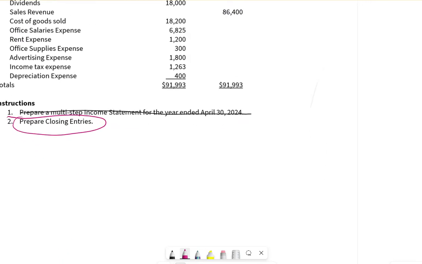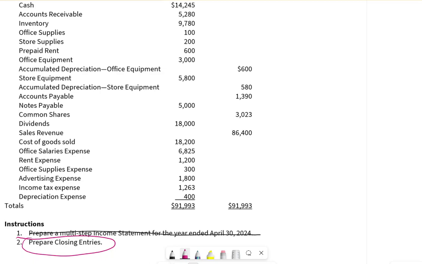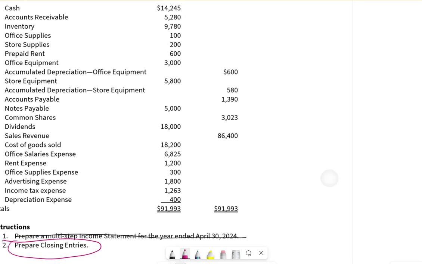When we think of a closing entry, I needed to put it this way. What we do in a closing entry is close the temporary accounts. Temporary accounts are revenue accounts, expense accounts, and dividend declared accounts. Those are the accounts that we close. So when you do that, how do we close revenue and expenses?